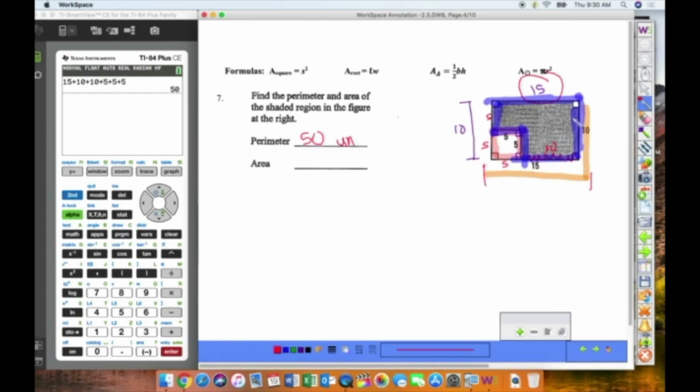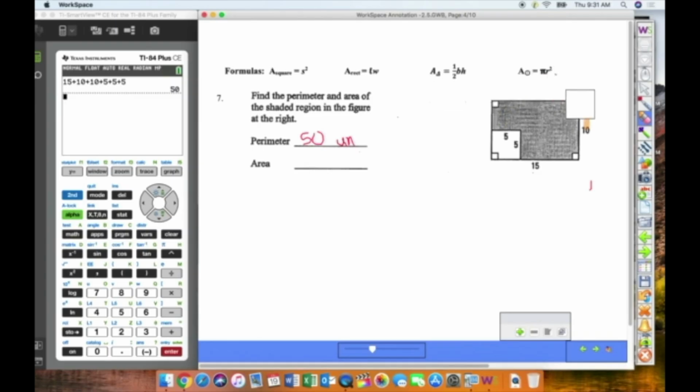Now the area of the shaded region, there's quite a few ways we could do it. We could section this thing off into shapes we know how to find the area of. We could take the big shape minus the little shape, and that's what I really like to do. I find the area of the big shape and take away this little one right here. So we're going to do area, so we need a formula.